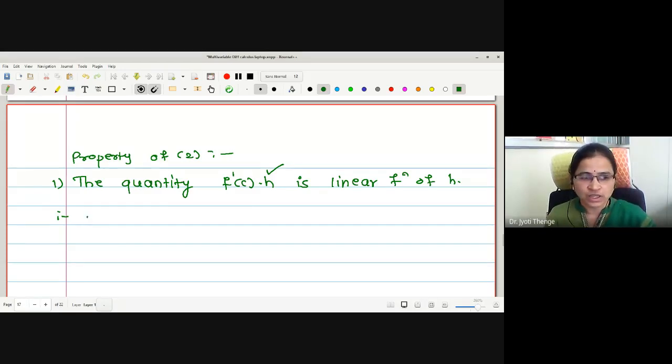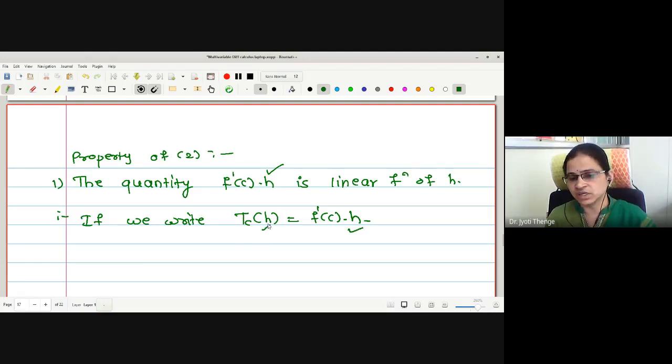If we write T_c(h) = f'(c)·h, this is a linear function of h. T stands for the total derivative found at the point c.